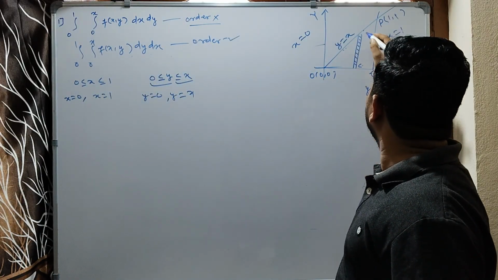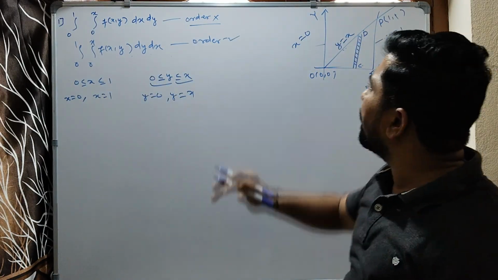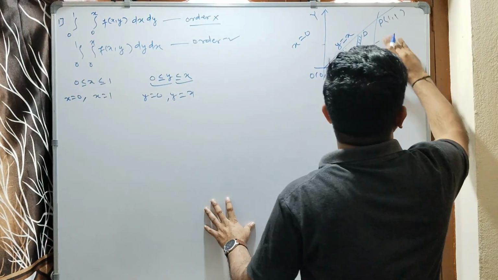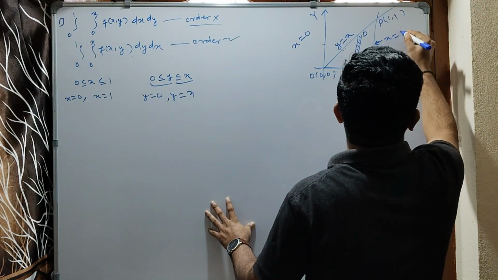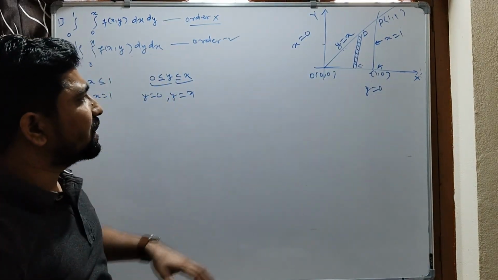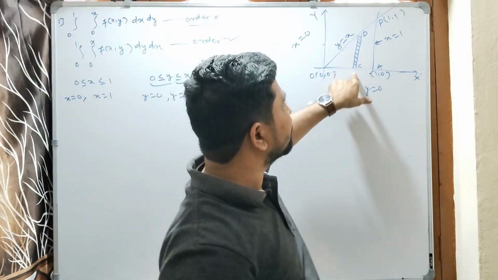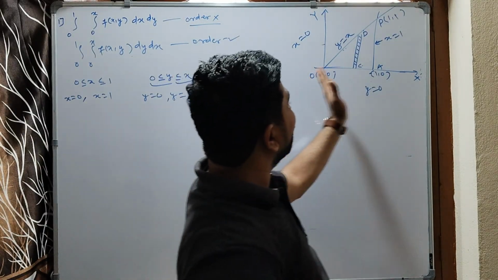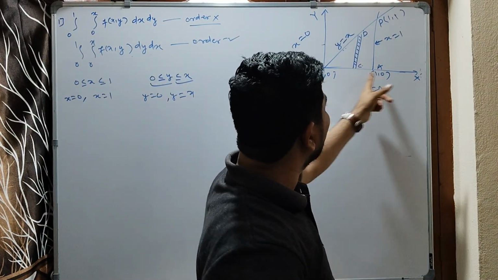Now I am taking the strip, let's say CD, which is parallel to the y axis. Here this is my line x equal to 1. My strip CD starts on the x axis and terminates on the line y equal to x, and the range along the x axis is 0 to 1.